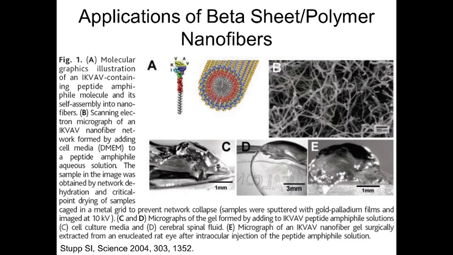Now I've chosen another example. This is a small chemically synthesized polypeptide system that is able to regenerate or to induce nerve growth. This is especially important when it comes to regenerating nerve tissue.